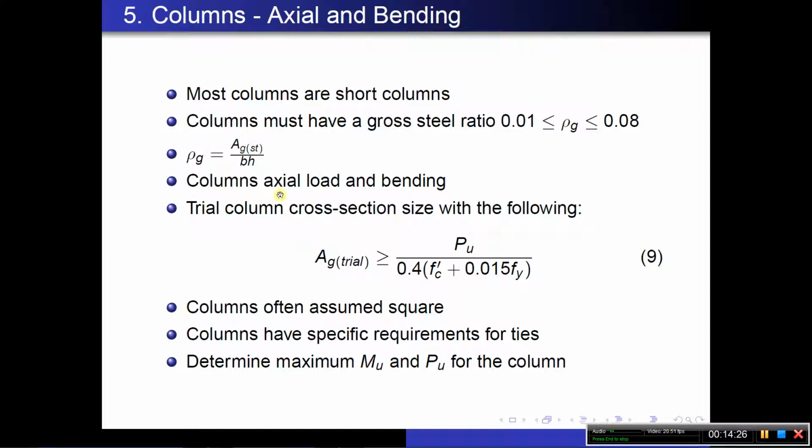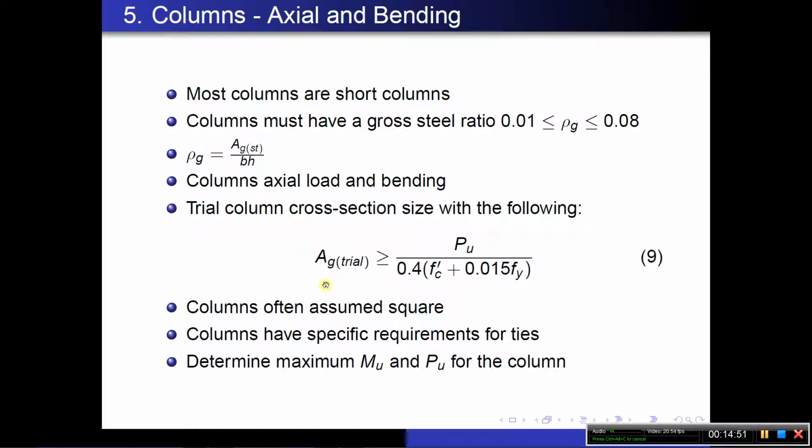As I said before, columns will take axial load and bending. And if you want to try to get a trial column cross-section size in terms of an area, you can do that by using this formula here.